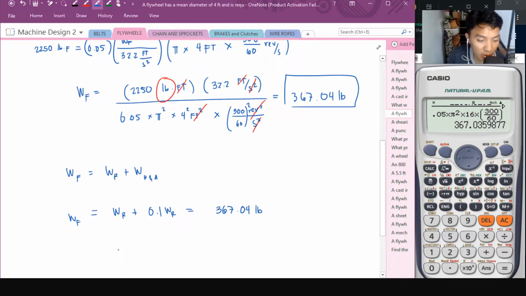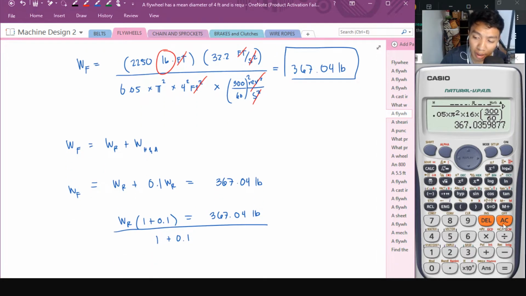Factor out mo yung WR. So, WR multiplied to 1.1 kasi 1 plus 0.1 is equal to 1.1. Tapos equal yan sa 367.04 pounds. You divide it both sides by 1 plus 0.1.